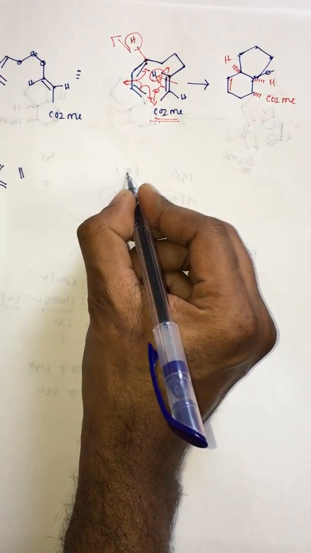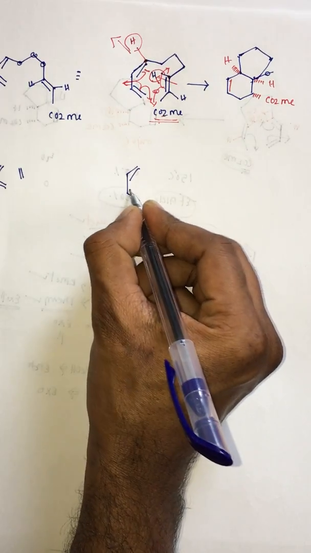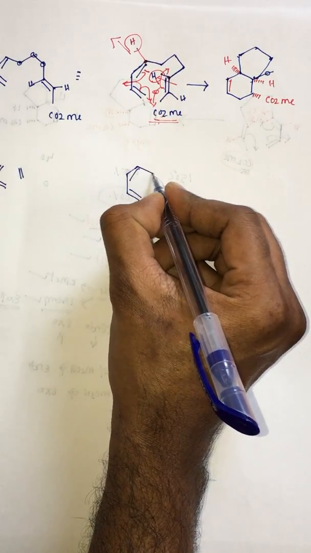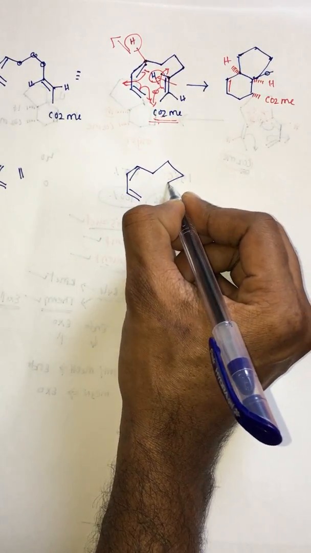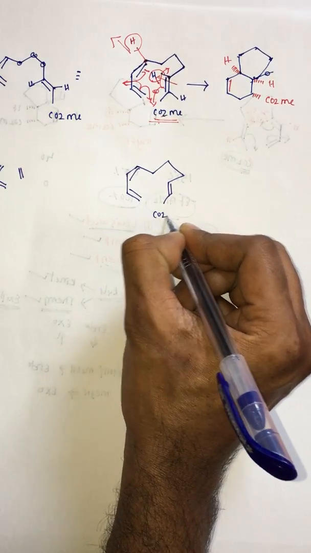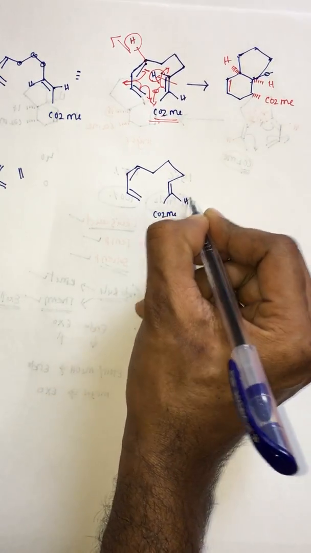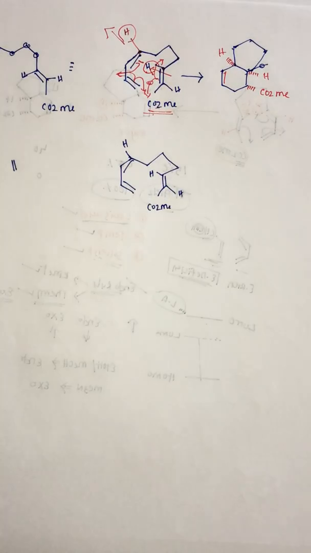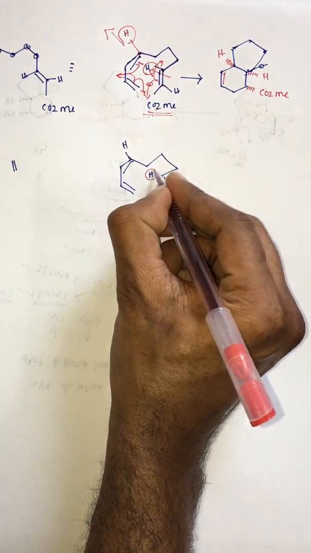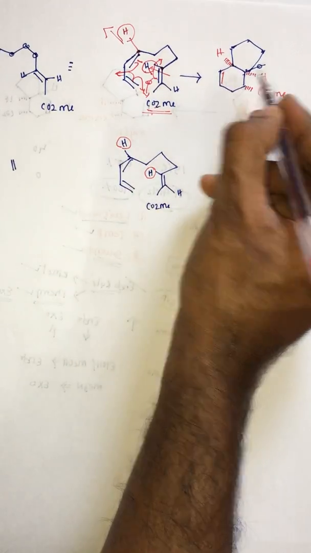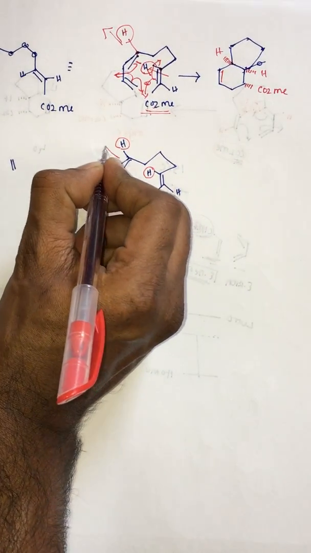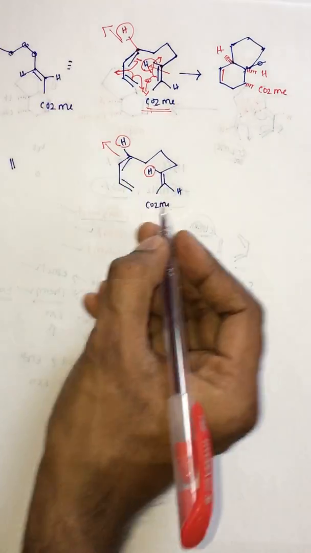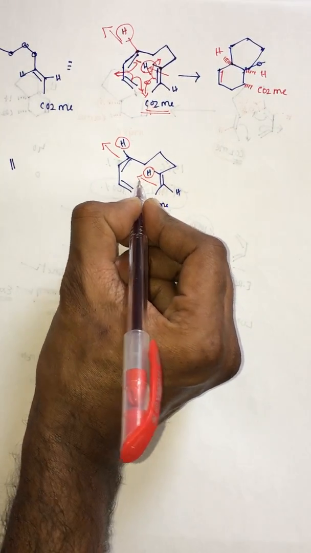I will explain it again. So here these two hydrogens are bridged hydrogens. This is going upward direction, and this is also in the same direction.